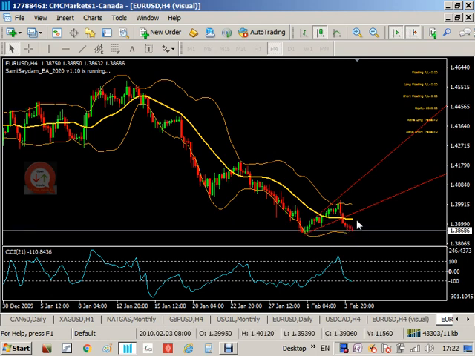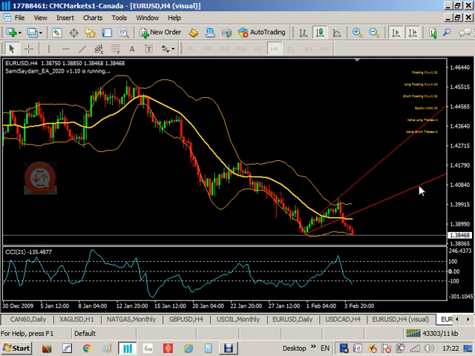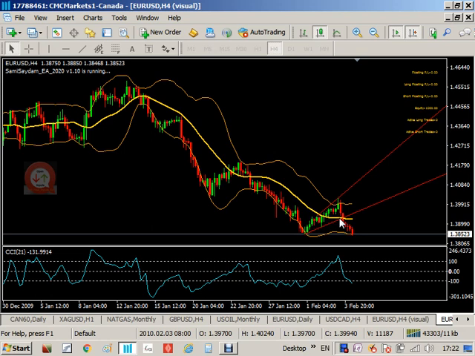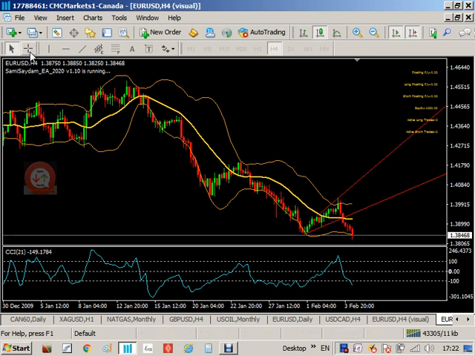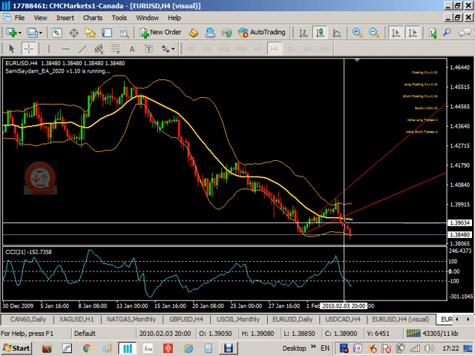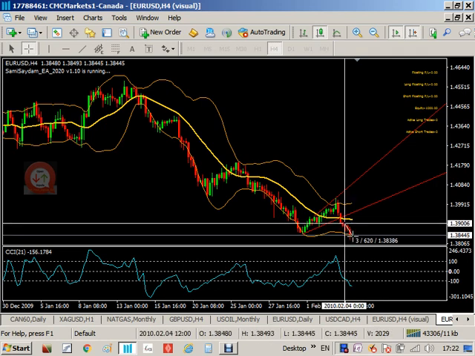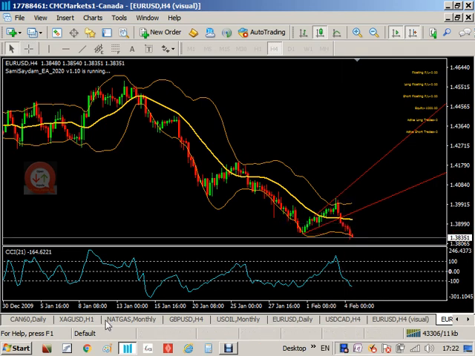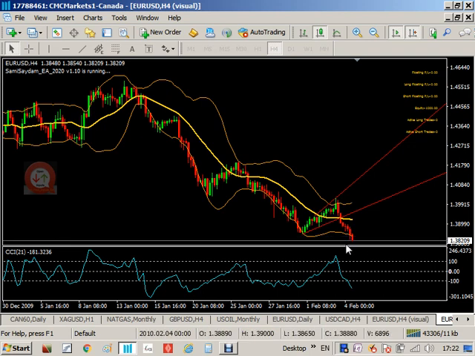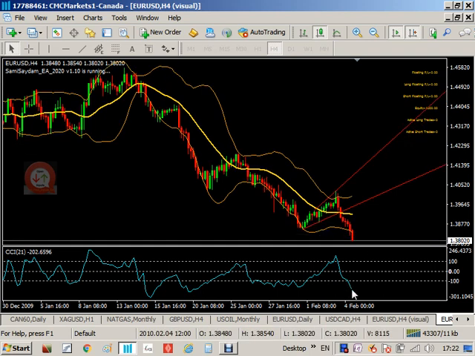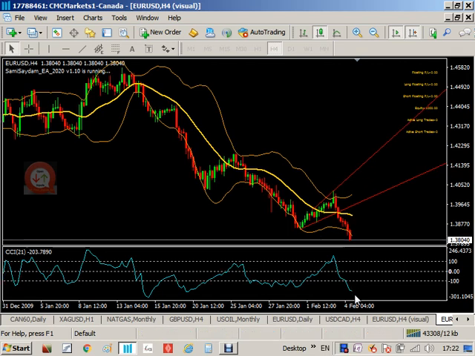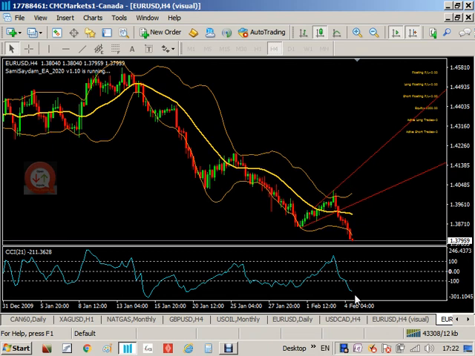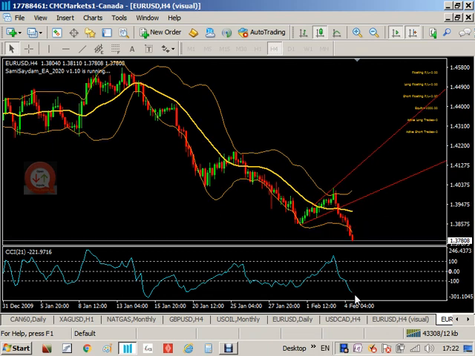It's already blocking the support. I sold in this area, so it is still confirmed at 62 points, which is good. It went down. Now I cannot take my profit yet, because I need to see this Bollinger Band and CCI.